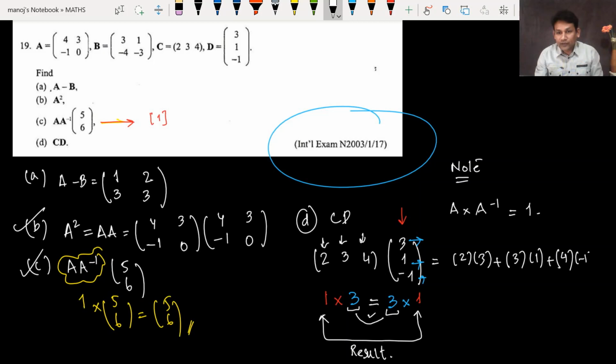Do we have any other column? No. Then we have to close the bracket, and we require nothing. 6 plus 3 minus 4. You can see the result of the matrix order is 1. 6, 3 is 9, 9 minus 4 is 5, and that's the result, and the order is 1 by 1, and we have done it.